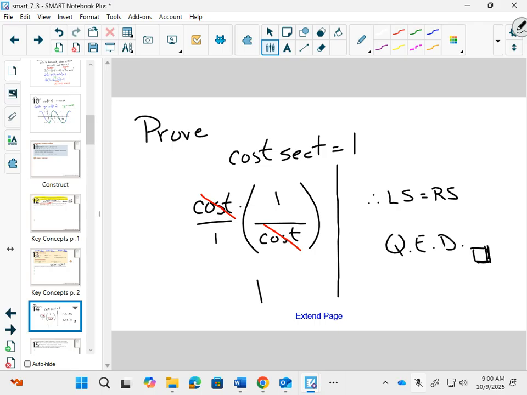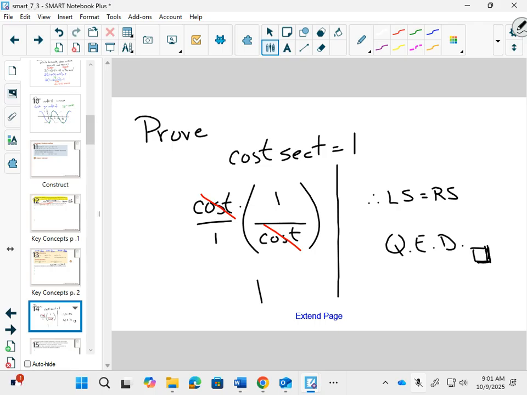So you just pretend, right? Quod erat demonstratum. That what has been asked for has been demonstrated. You asked me to prove this. Look, I got the left side and the right side the same. I'm done. So it's basically a statement saying I'm done. This part here.